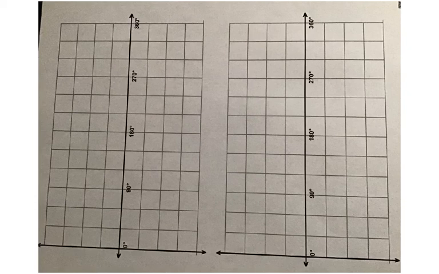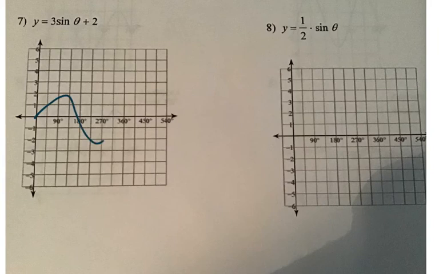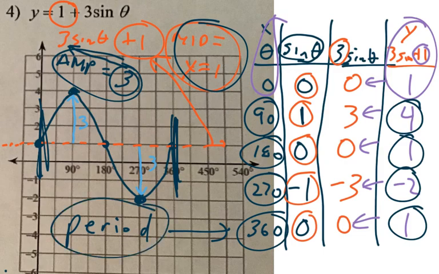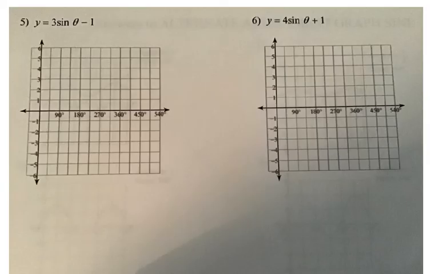And once you get your table done right, I want to see the graph and the curve and all that good stuff like I did in the video. Including, I want you to talk about the amplitude, the midline, and the period. Okay? And you get that on your paper, take a picture, you send it back to me.